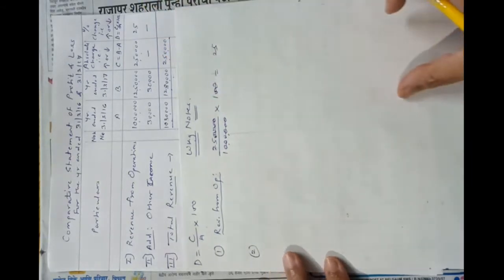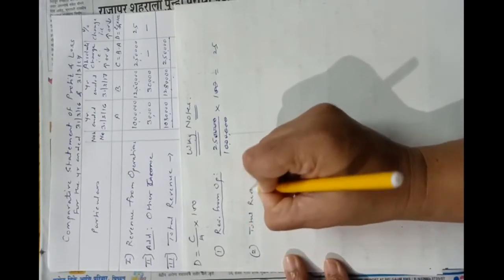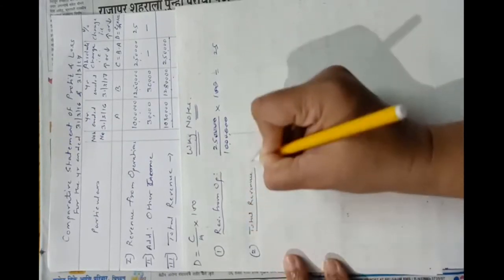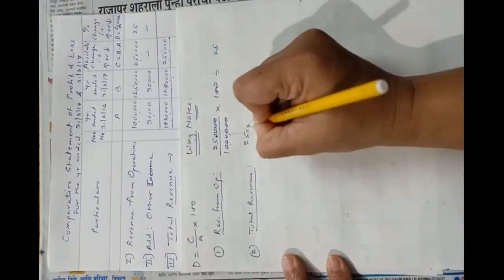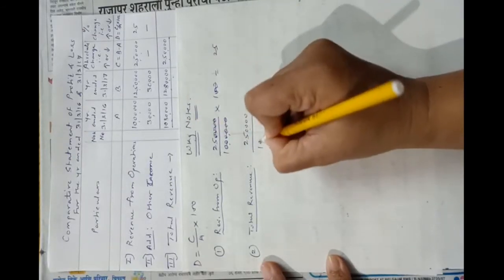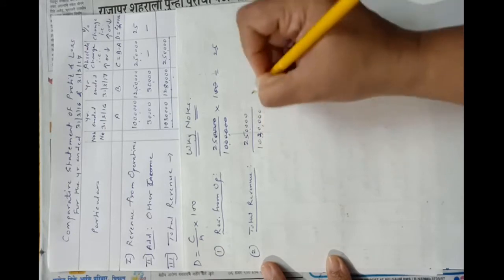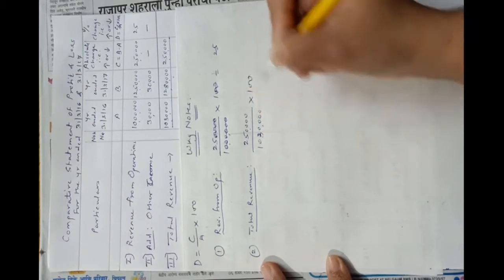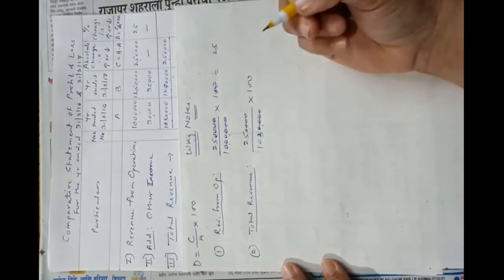Now total revenue, 2 lakhs 50,000 divided by 10 lakhs 30,000 into 100. So these 4 zeros will cancel against these 4 zeros.